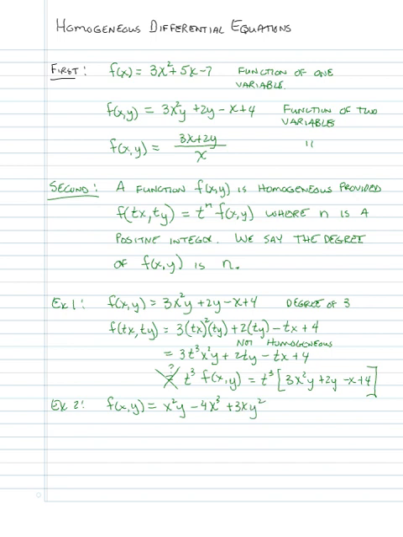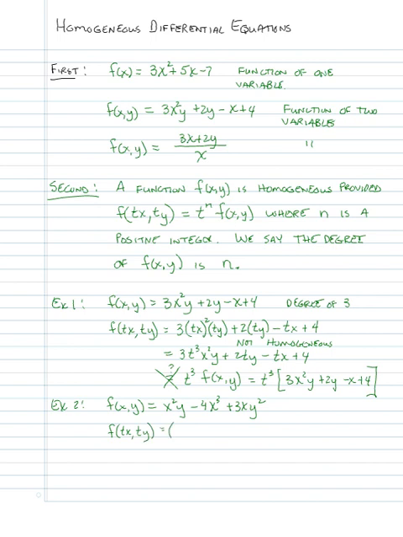Now you see every term here is of degree 3. And that's kind of the giveaway that this will be a homogeneous equation when we're talking about a polynomial function. So we're going to replace x with tx and y with ty.